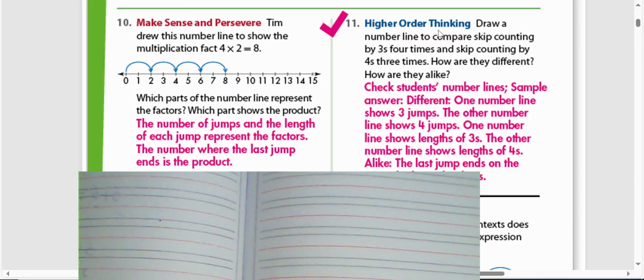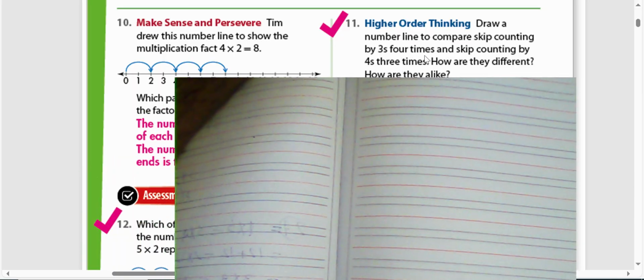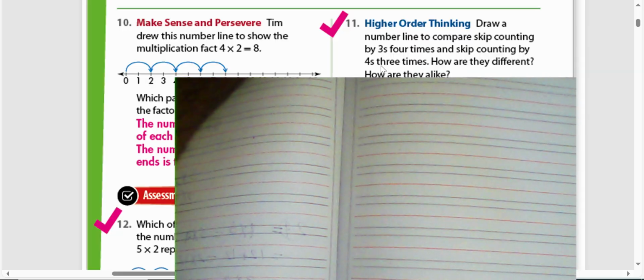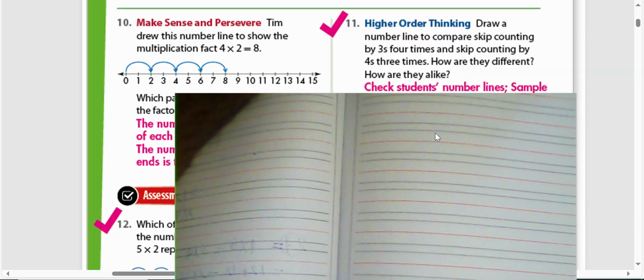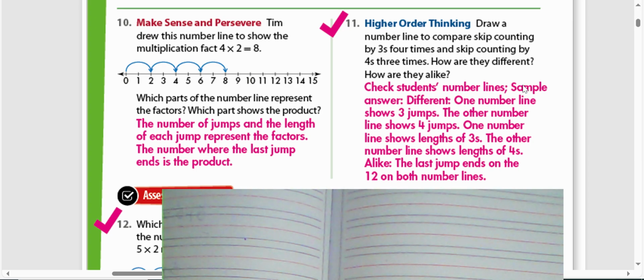Question 11. Higher order thinking. Draw number lines to compare skip counting by 3, 4 times, which is 3 times 4 equals 12, and skip counting by 4, 3 times. How are they different? Check students' number lines. A sample answer: one number line shows 3 jumps, the other shows 4 jumps.